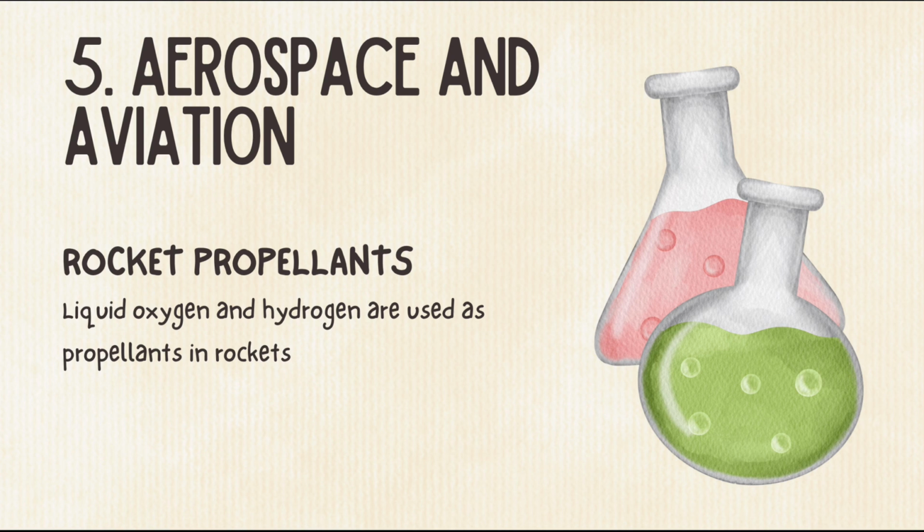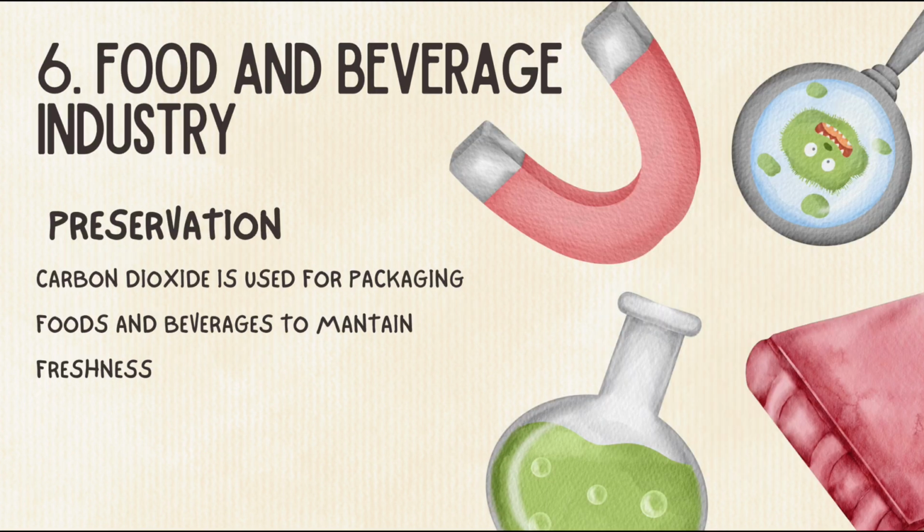It is known that liquid oxygen and hydrogen are used as propellants in rockets. The last one is the food and beverage industry, such as preservation. Carbon dioxide is used for packaging foods and beverages to maintain their freshness.